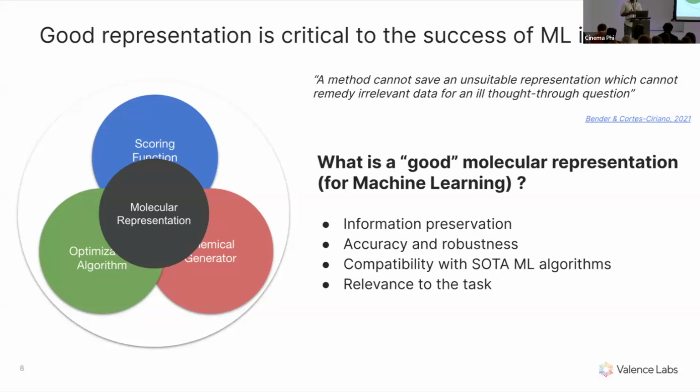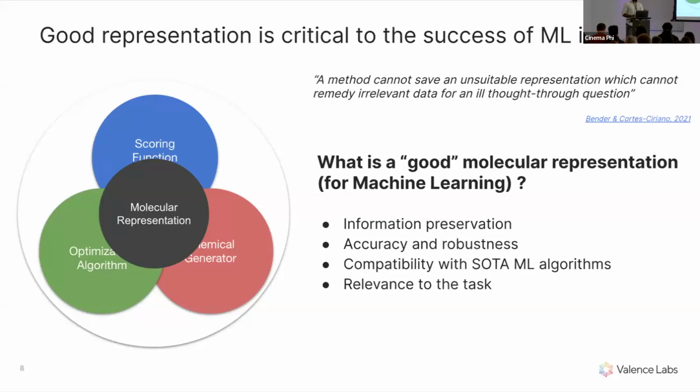So what actually is a good molecular representation? A good molecular representation is one where you can preserve the information contained in the structure of the molecule. So we want to preserve some molecular information. You want a representation that is robust, meaning that if I make small changes in my representation, I will not see a large difference in activity or in the prediction of my model.